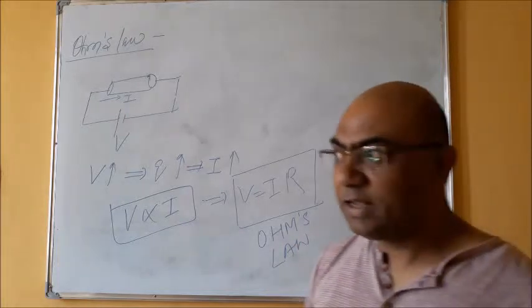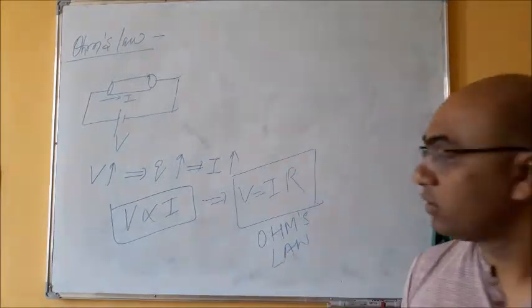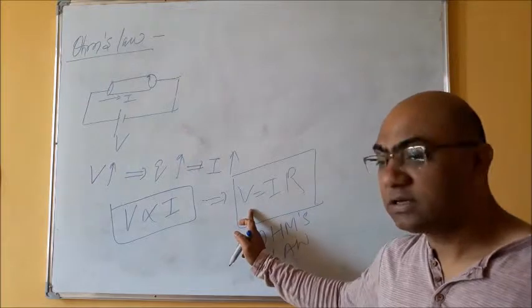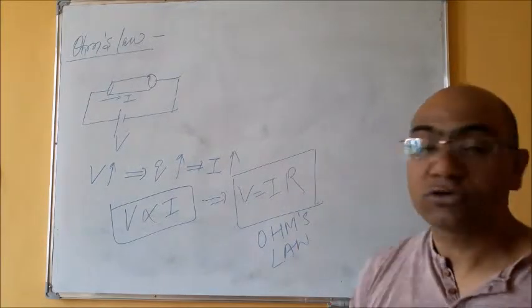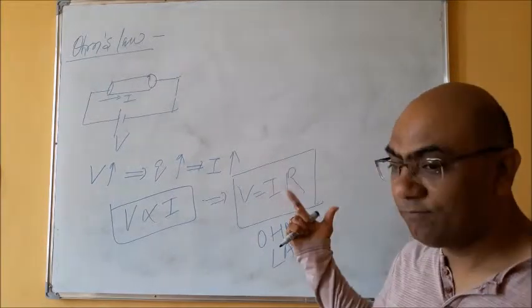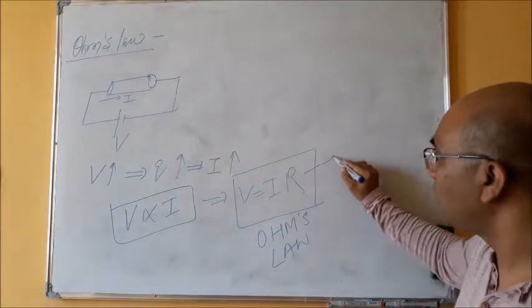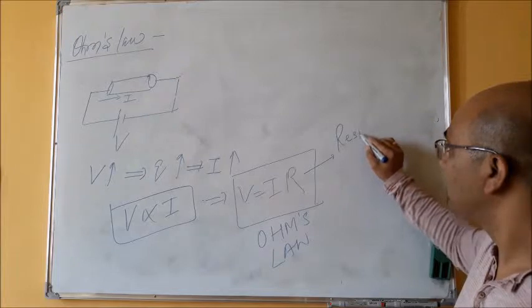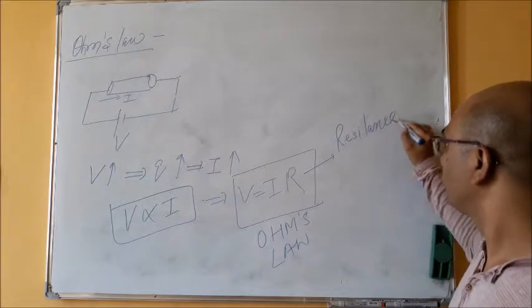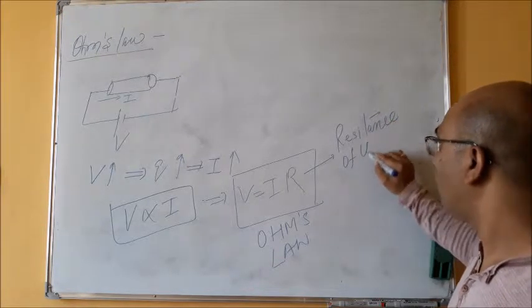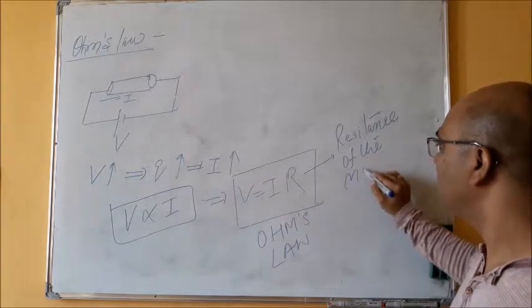In any material, in any conductor, the voltage supplied is directly proportional to the current. And if we introduce a constant, then this constant is R. R is called the resistance of the material.